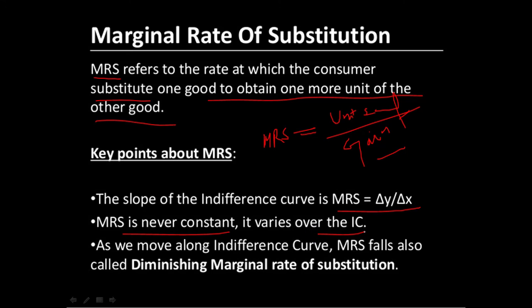As we move along the indifference curve, MRS falls, also called diminishing marginal rate of substitution. Means when we move along the indifference curve, the value of MRS goes on decreasing.